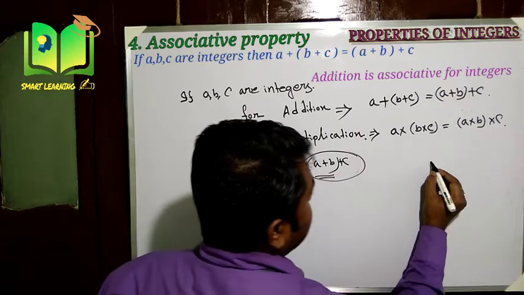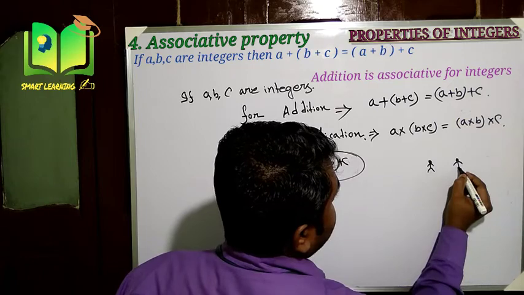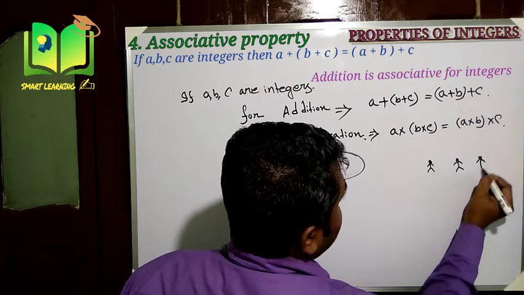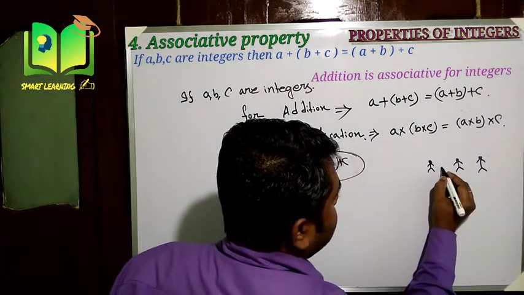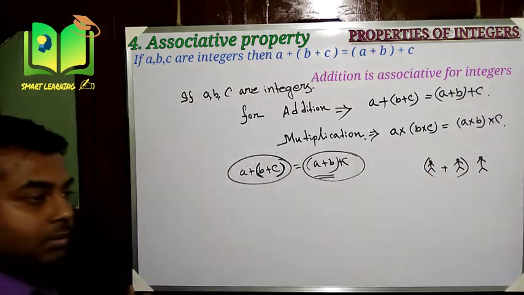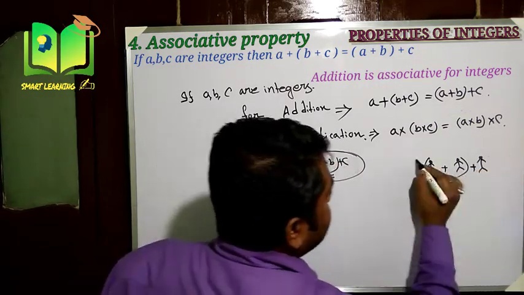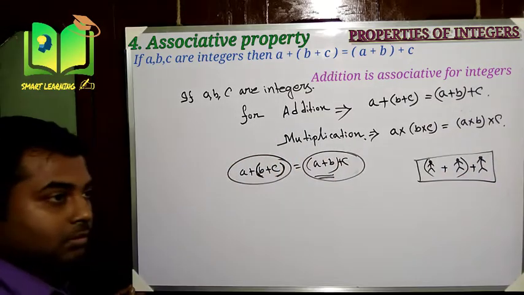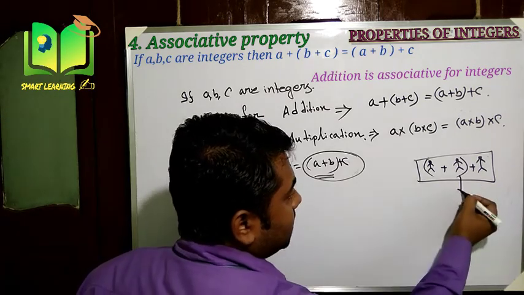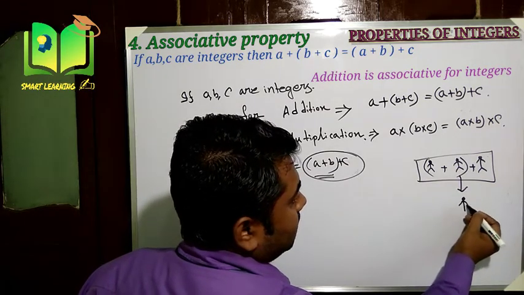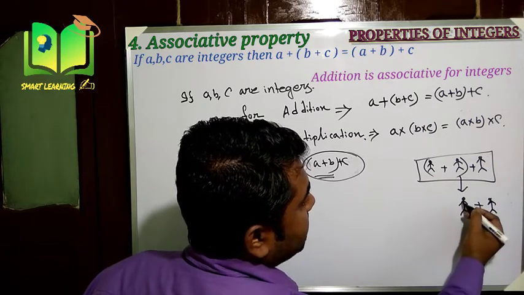Suppose 3 friends are standing. In a bench, suppose 3 friends are sitting. First, these 2 sit together. Then another one will come and sit with them. So ultimately they are in the same bench now. The next day, these two first come to school and sit together.